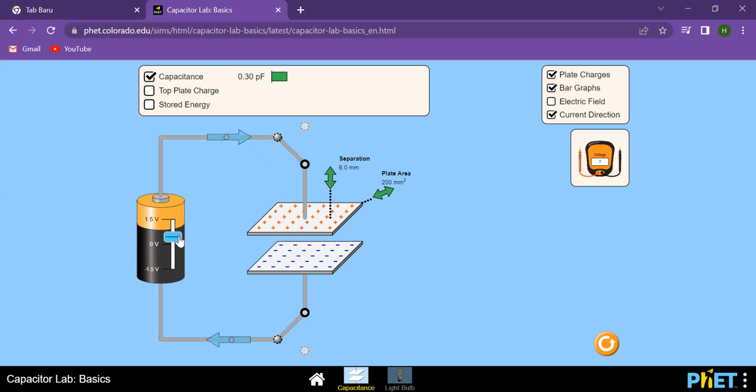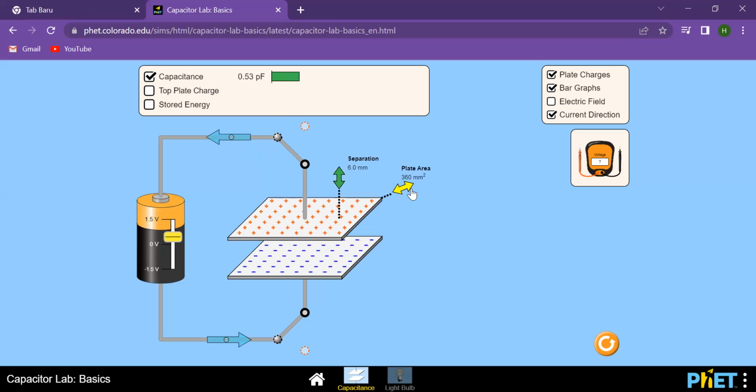Look at this capacitance. If I make the plates wider, the capacitance of the capacitor will increase as well.